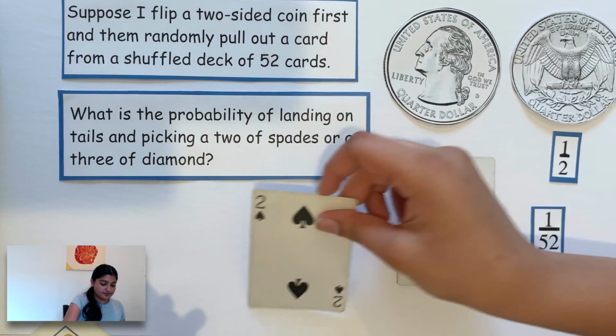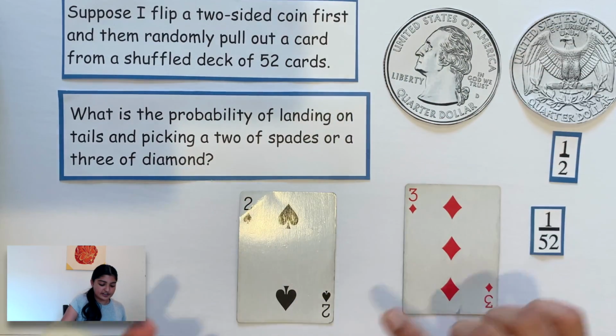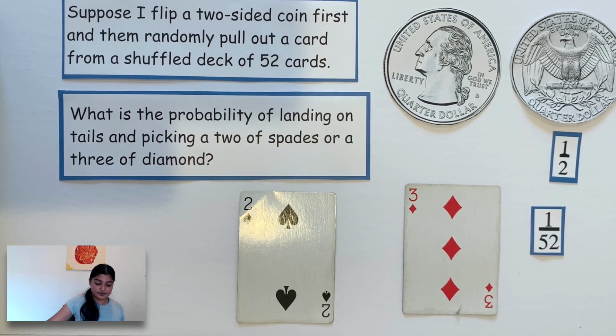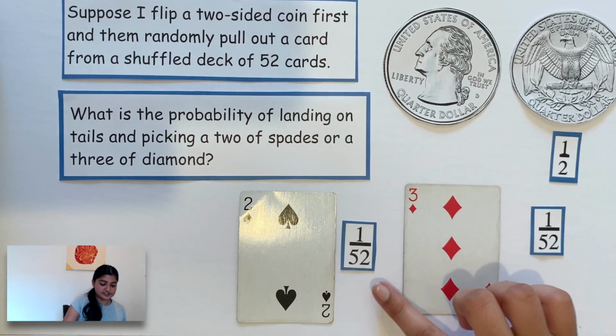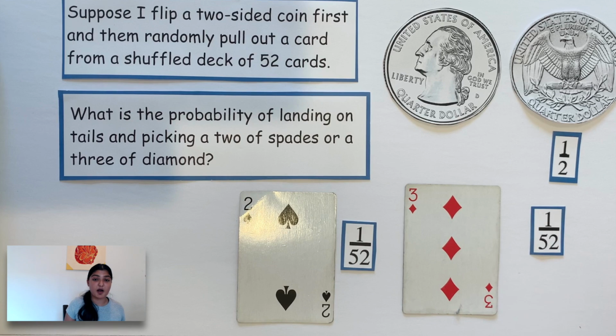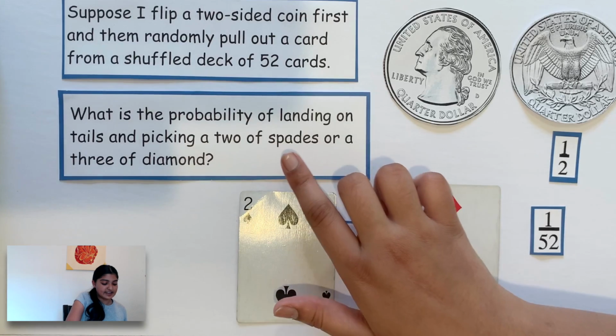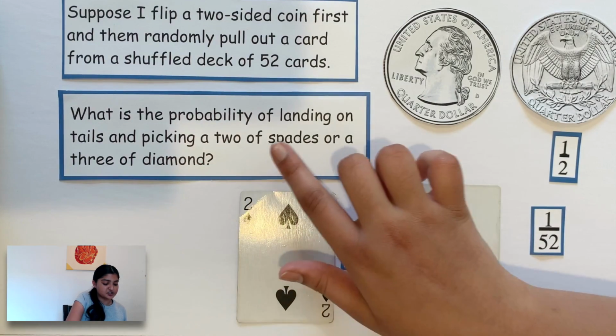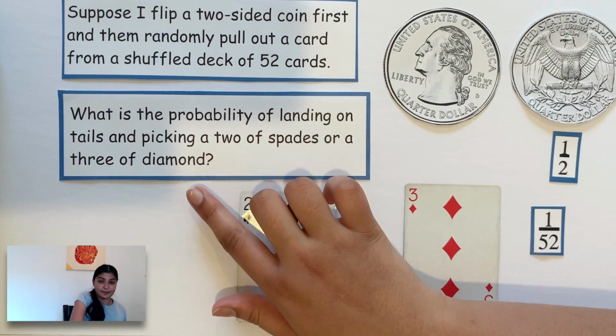So we know that the probability of picking the 2 of spades alone is 1/52, and the probability of picking 3 of diamonds alone is also 1/52. Now, if we go back to the question, we can see that it's asking the chances of picking a 2 of spades or a 3 of diamonds.